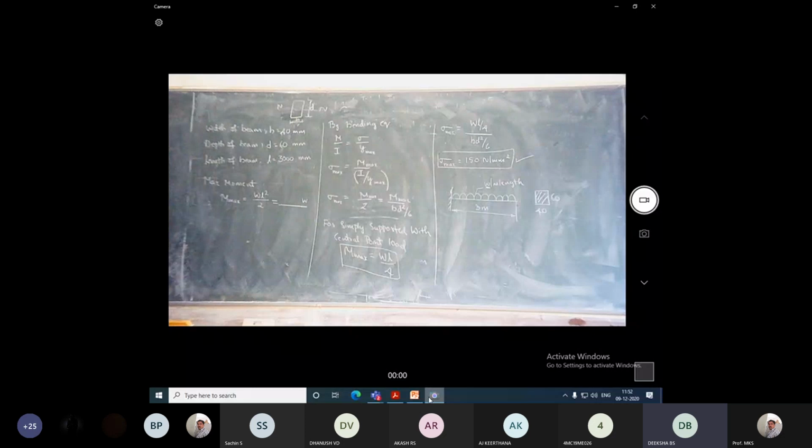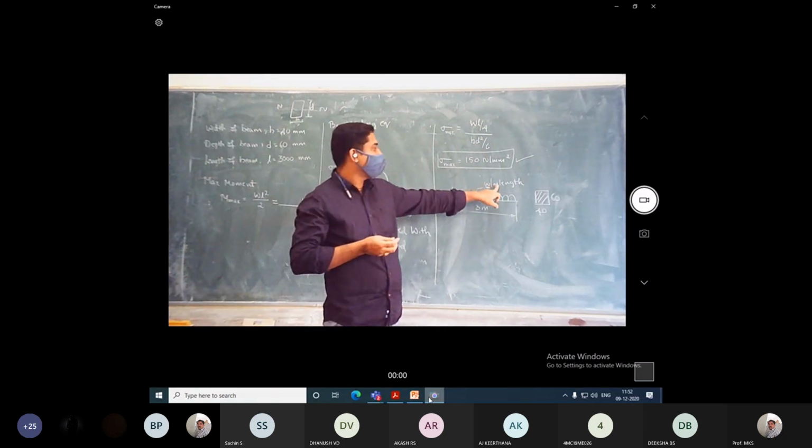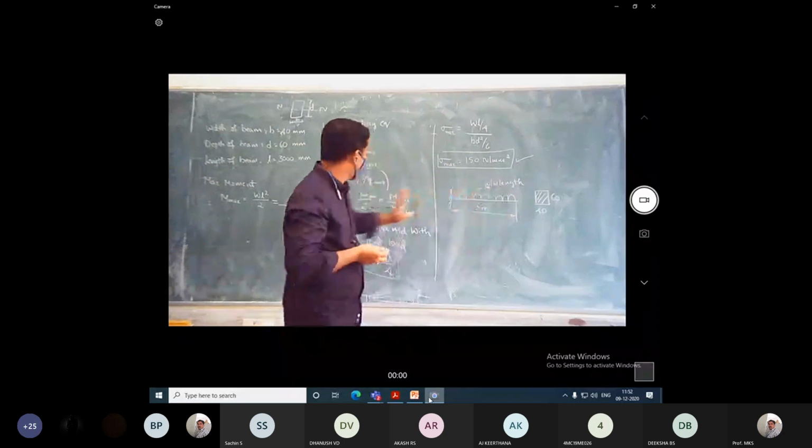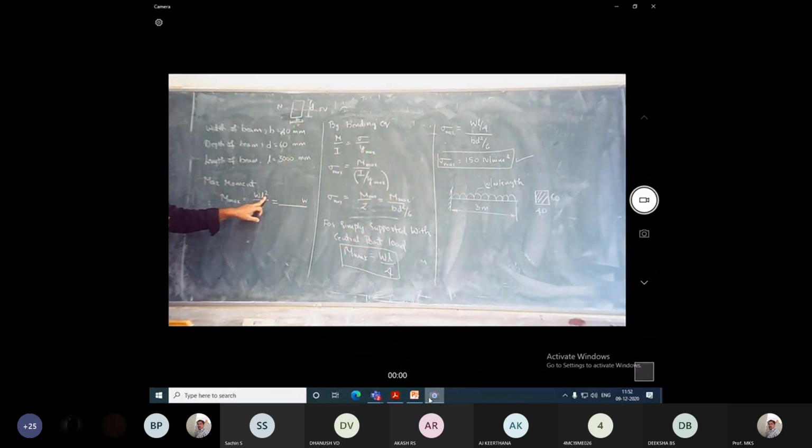So it is 4.5 into 10 to the power of 5. Here, since W is in Newton per meter length, you just substitute L in meters itself, and you will get some answer in meters.